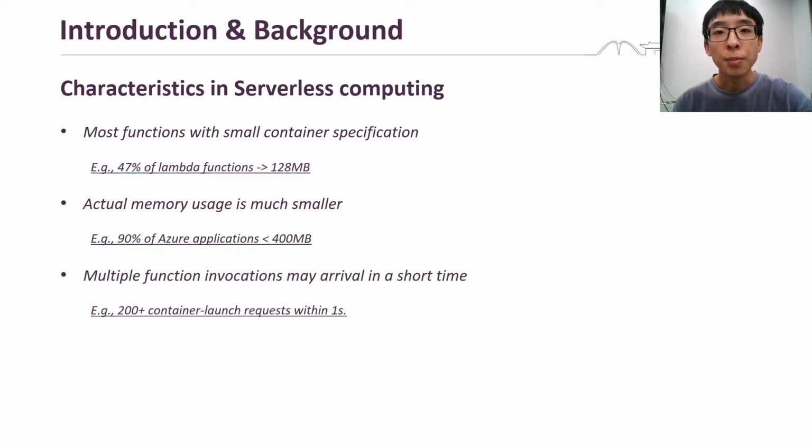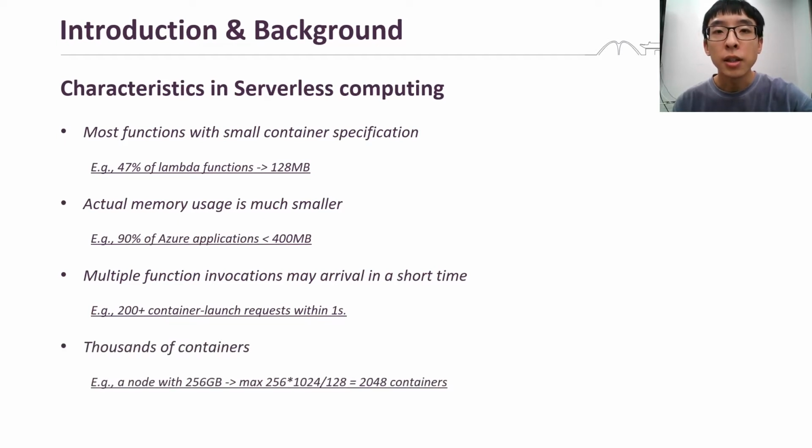Third, in serverless platforms, each function invocation is short, and a large number of function invocations may arrive in a short time. For example, more than 200 container launch requests arrive within 1 second on a node. Finally, it is common that thousands of containers collocate on a node.